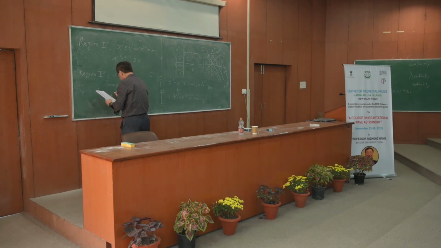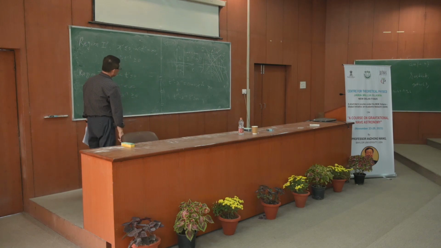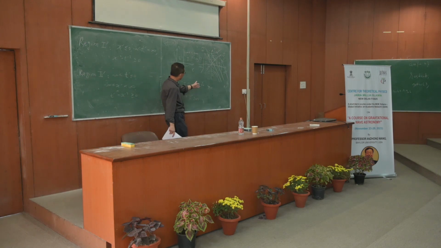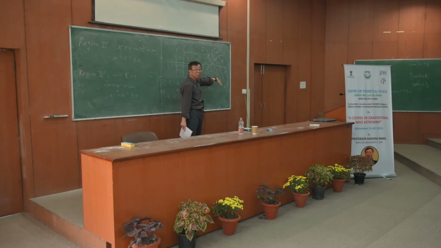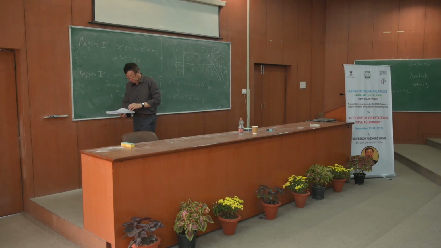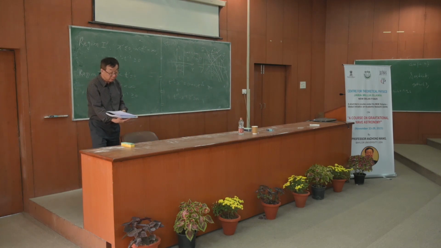We always have t prime squared plus x prime squared equals 0. So again, there is a singularity here, r equals 0. This is where I make the bottom boundary. You cannot cross here. So this line will asymptotically go to r equals 0. Correct?